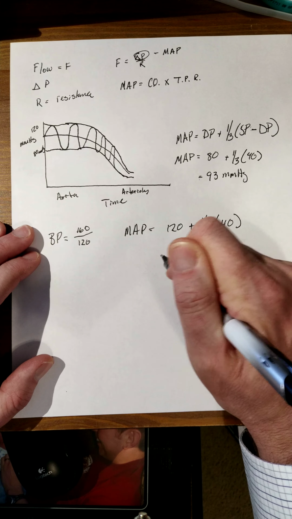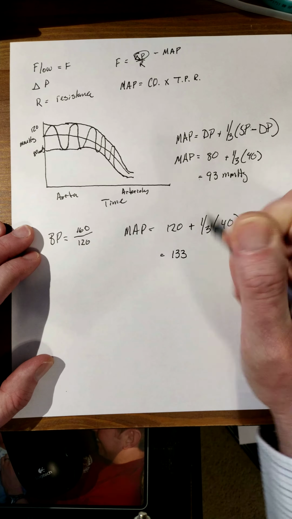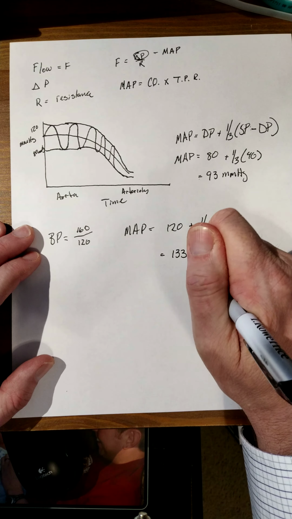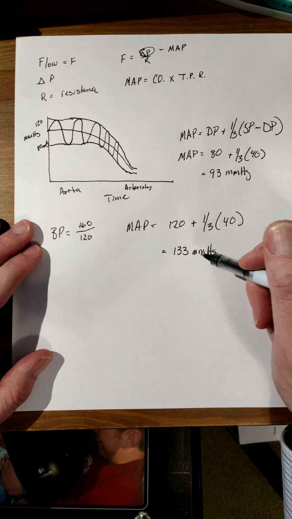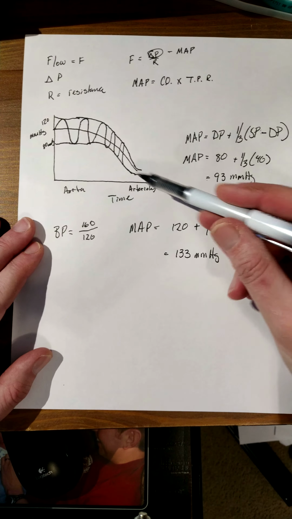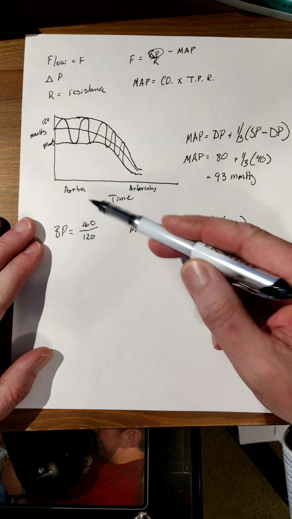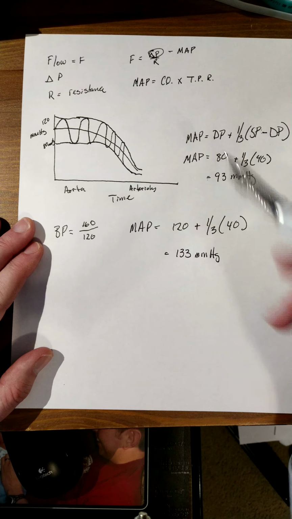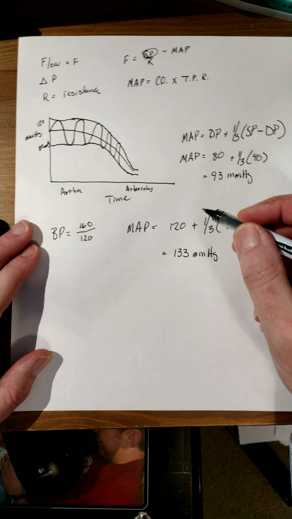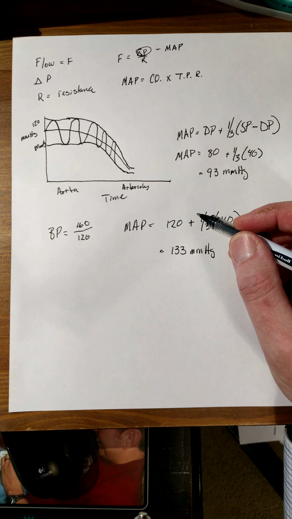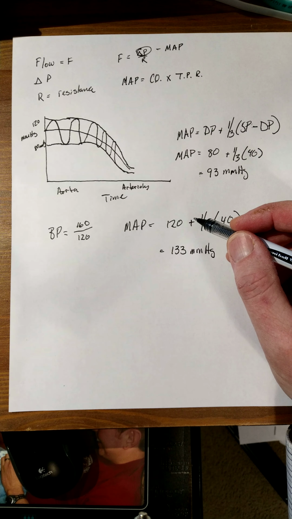We get a mean arterial pressure of 133 millimeters of mercury. This is enough to blow the veins or the arteries apart. So this is why hypertension is so important to get dealt with. That way we can keep our mean arterial pressure within the correct range, our organs are getting the proper amount of blood, and everything is working just fine.